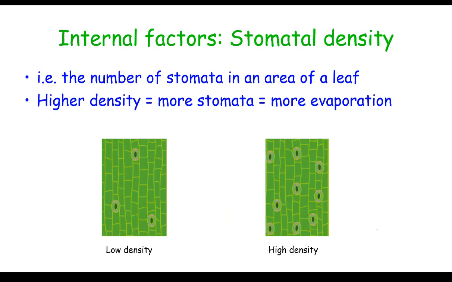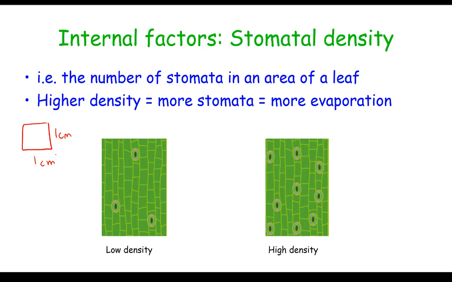And the final internal factor then is stomatal density. Now some of you might get confused with the density that we're talking about, especially if you do physics. You'll think it's something to do with mass and volume, but it's actually not in this case. Stomatal density refers to the number of stomata in an area of a leaf. So say for example you measure the stomata in 1 centimetre squared and calculated how many stomata there were, that would give you the stomatal density per centimetre squared.